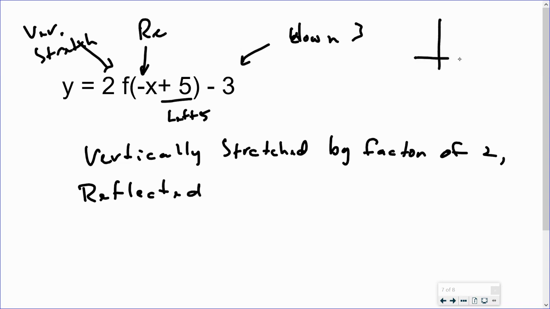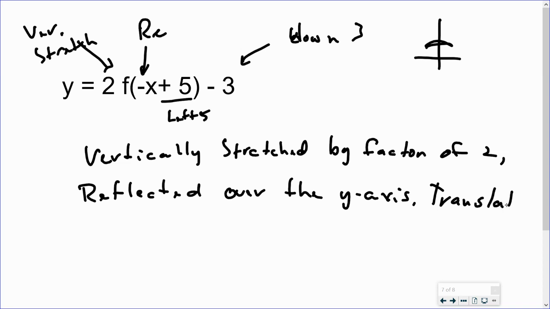Okay, so if it's reflected, that's horizontally, that's going to be over the y-axis. Translated left 5 and down 3. Holy cow. Threw the kitchen sink at you, that one.